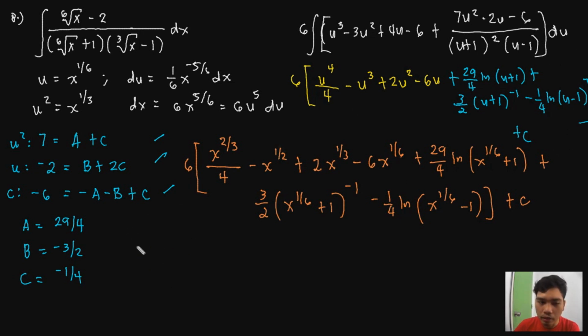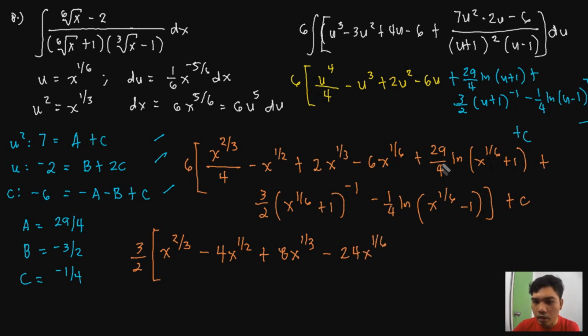So that is 3 halves, and then we have x raised to 2/3, so tinanggalan ko ng 1/4, and then pag tinanggalan mo ng 1/4, parang 1 divided by 1/4, so that is multiplied by 4, so that is 4x raised to 1/2, and then this becomes 8x raised to 1/3, and then this becomes 24x raised to 1 over 6, and then how about this one?